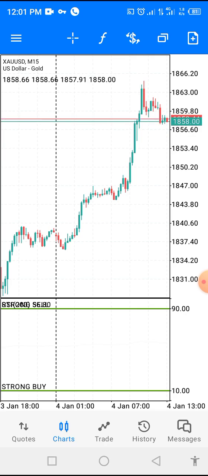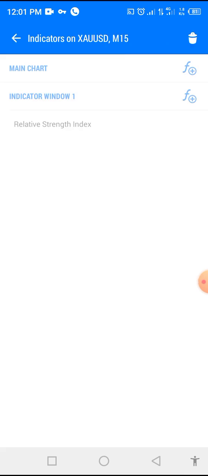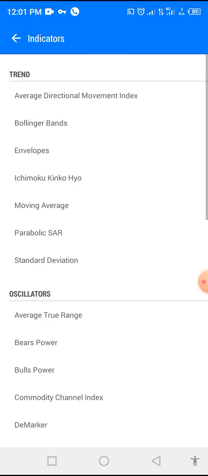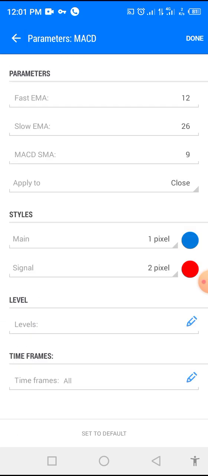Then you add another indicator, which is the MACD. The fast EMA, which is exponential moving average, is 12. The slow EMA is 26. And the signal EMA is 9.